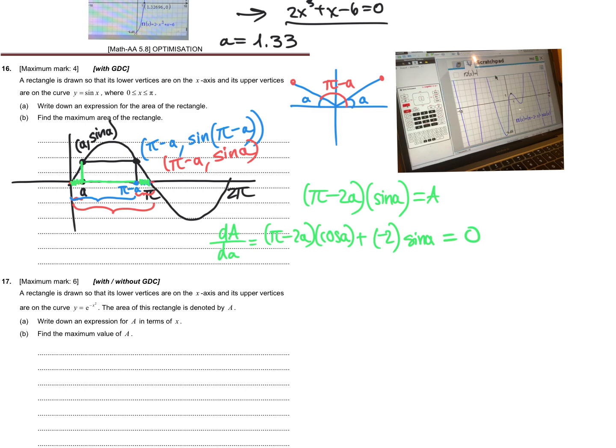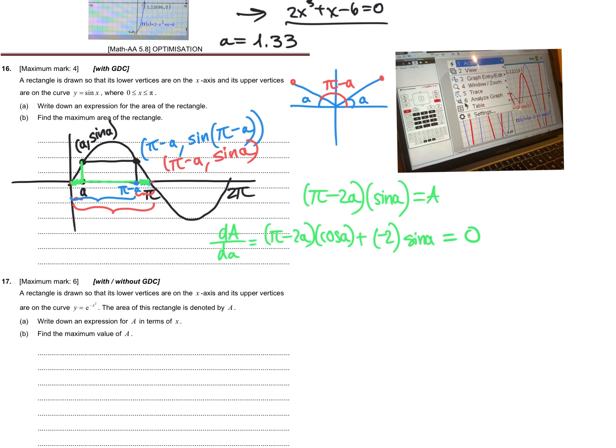If we do it with the derivative, so we can do pi minus 2x, times cosine x plus negative 2 sine x. Enter. So we would need when the derivative is 0, and this is going from positive gradient to negative gradient, so this is the maximum.